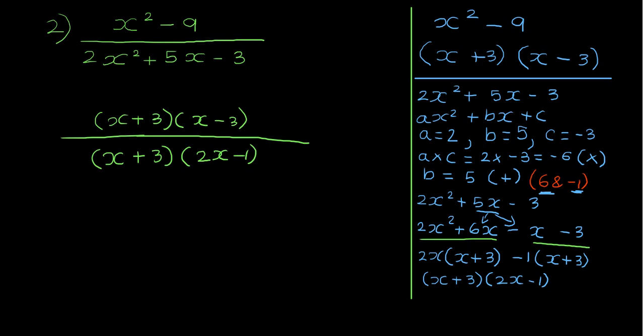Since this bracket is multiplying by this bracket, and this bracket is multiplying by this bracket, there's no addition between the brackets, there's no subtraction between the brackets. In order to simplify, I can cancel out these two brackets. So it goes into it once, and we are left with x minus 3 over 2x minus 1.